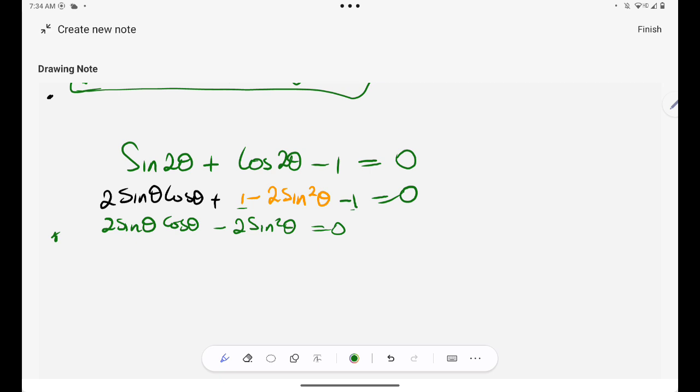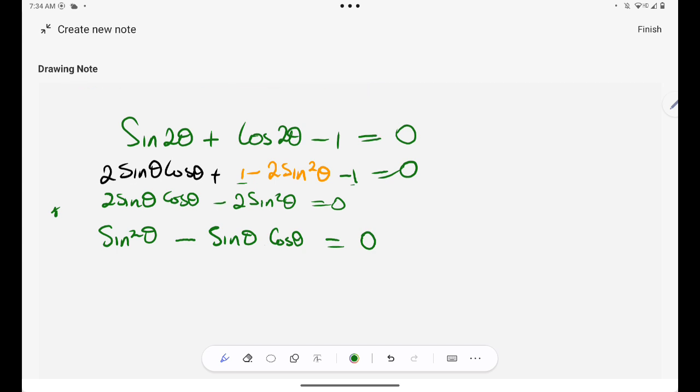If I can divide every term by a negative 2, I will be left with positive sine squared theta minus sine theta multiplied by cos theta. 0 divided by anything is 0. Are you together? And then therefore I can take out a common factor on the left hand side.